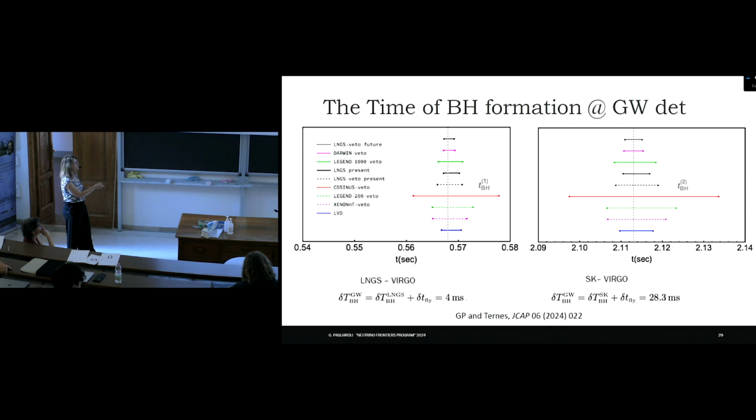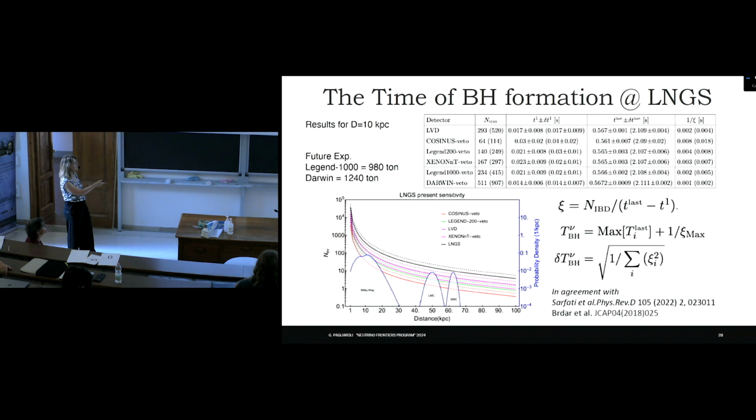I just skipped telling you that in the future, we already know that LEGEND-1000 will also be there in the Gran Sasso Laboratory, with a bigger tank of 980 tons of water, and also DARWIN probably will be there with a big tank too. So you can also do a projection of this expectation for the future, where there are LEGEND-1000 and DARWIN, maybe combined with the Einstein Telescope, let's hope.